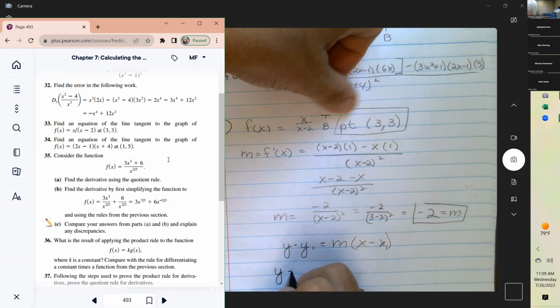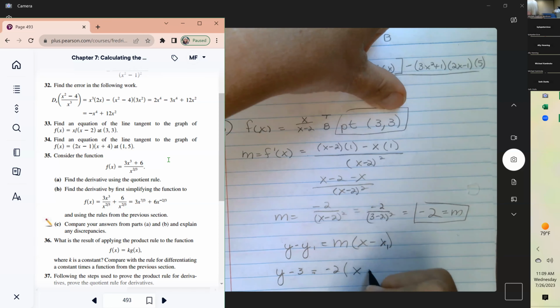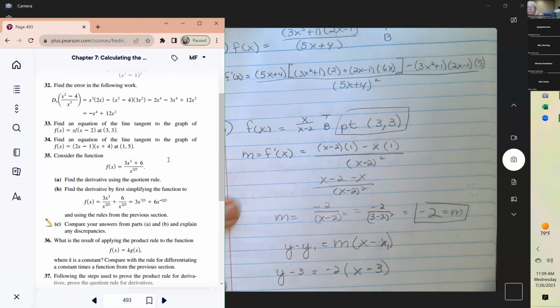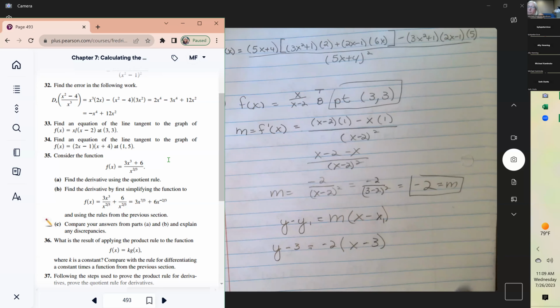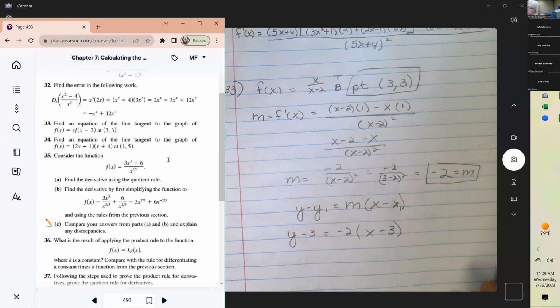y minus 3 equals negative 2 times x minus 3. Distribute your negative 2 and bring your 3 over.